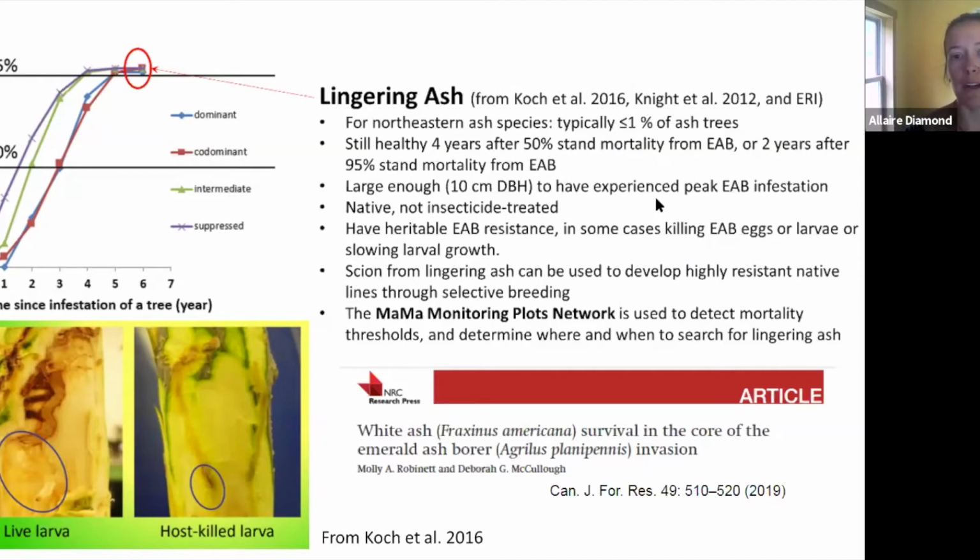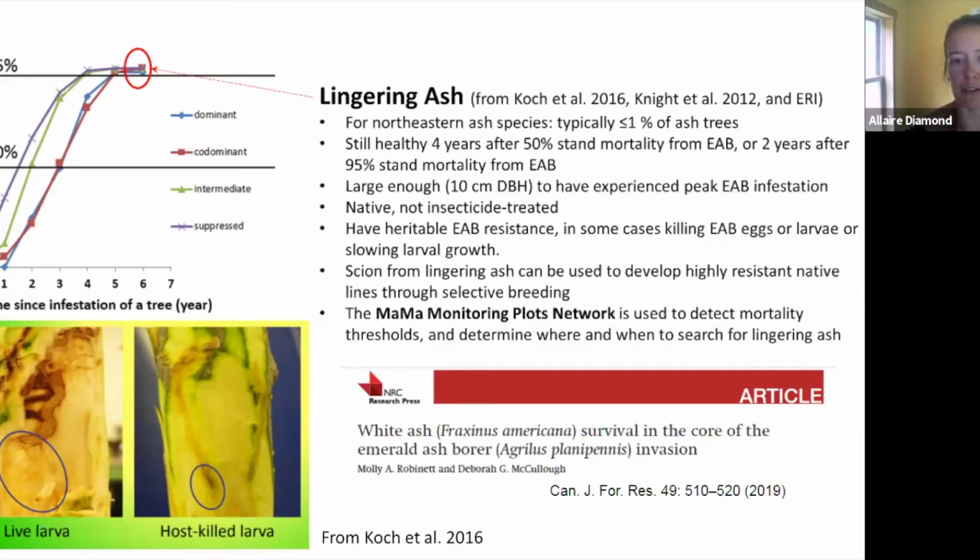If a tree is still healthy 4 years after 50% of the stand has experienced mortality, or 2 years after 95% stand mortality from emerald ash borer, then it's considered a lingering ash tree. So those trees that still have a healthy crown within those time thresholds are considered lingering ash. They have to be big enough to have withstood EAB. EAB will affect trees greater than 1 inch in diameter.